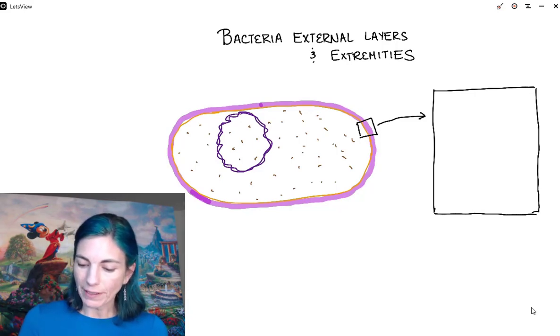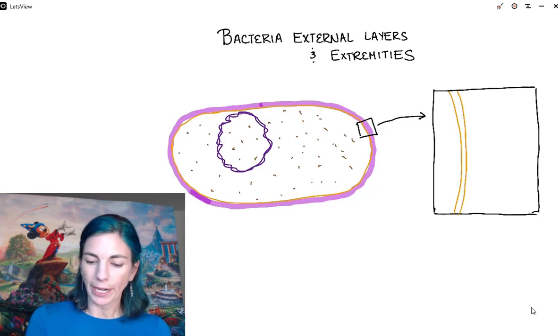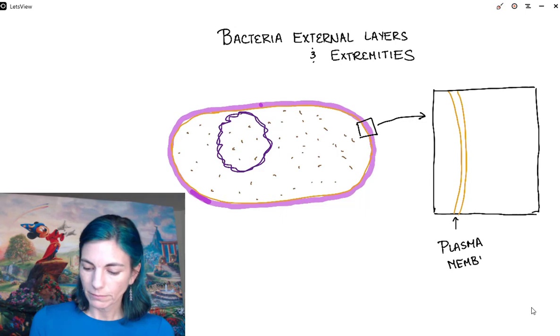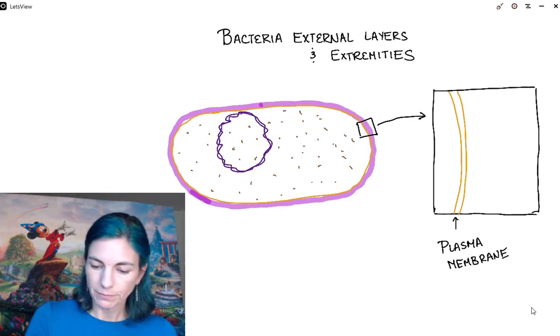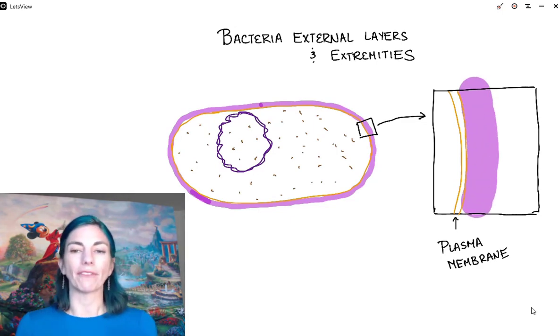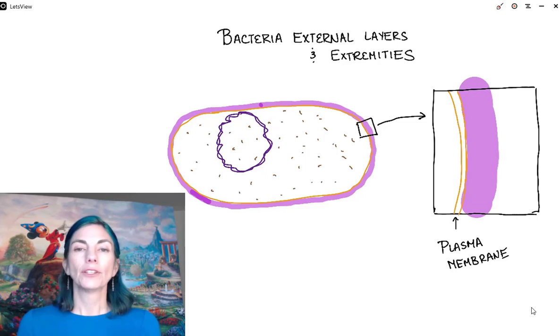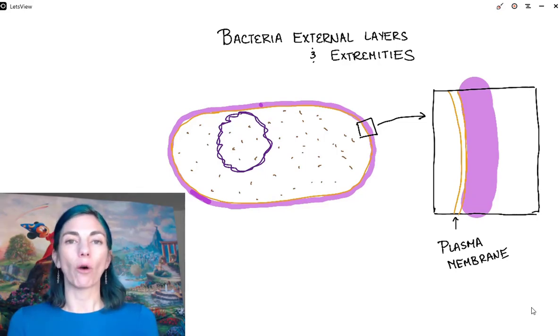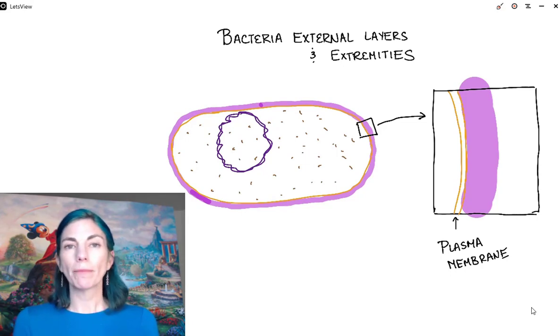So what we have in that box is going to be a plasma or cell membrane, and some sort of cell wall on the outside of that. So the plasma membrane and the cell wall are really important components to bacteria, and we're going to be covering those separately in a different lecture.